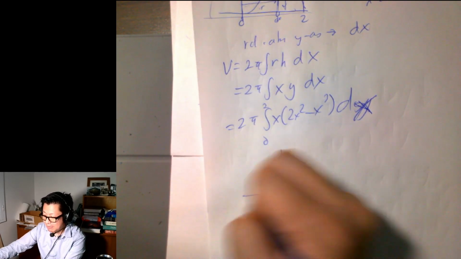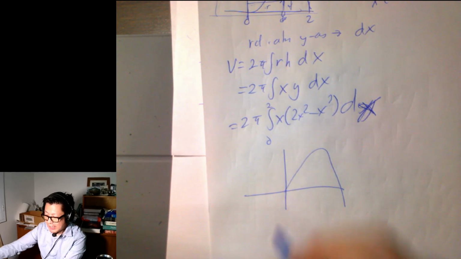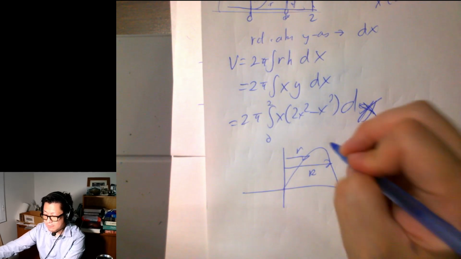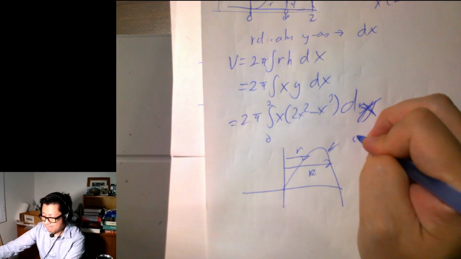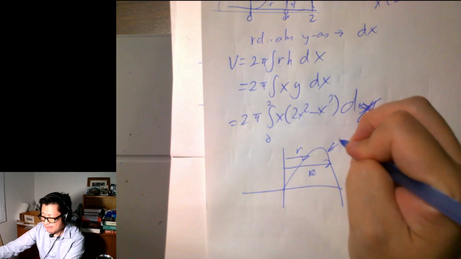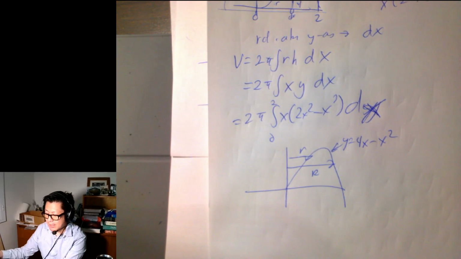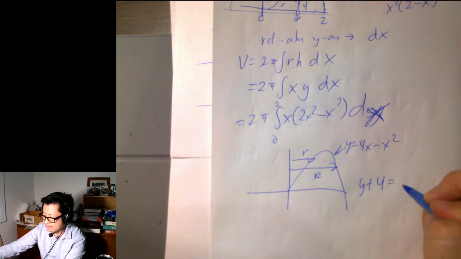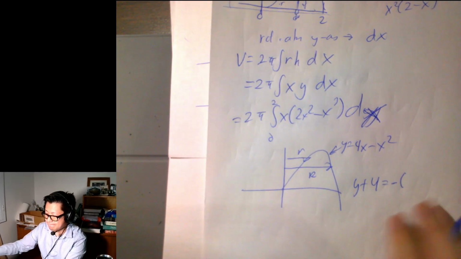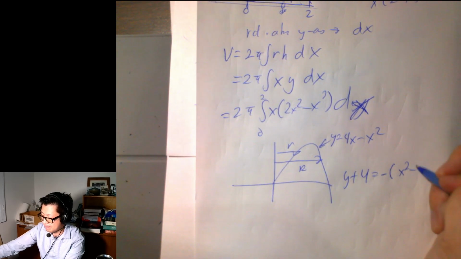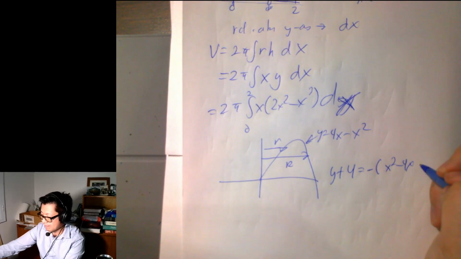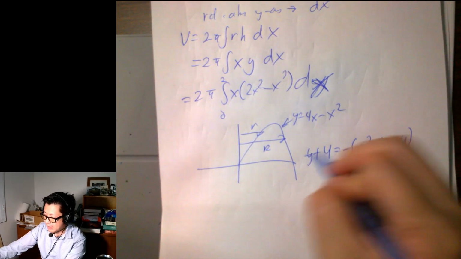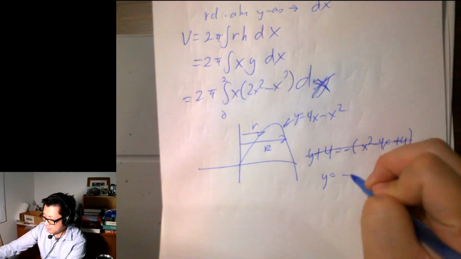If I had a parabola that looked like this, yeah, I could figure out what big R is and little r is in terms of the roots. Right? If this is 4x minus x squared, I could solve that for x. I can complete the square. Let me do this a little more formally.